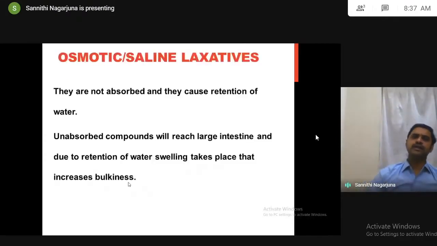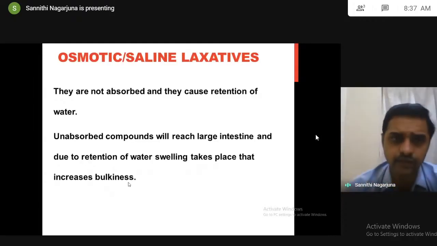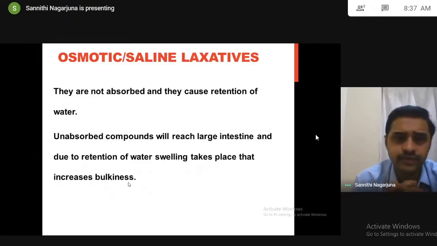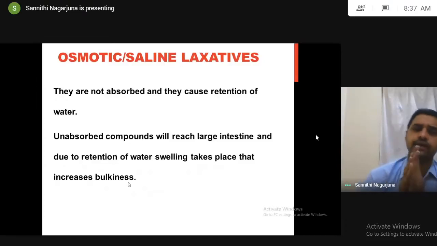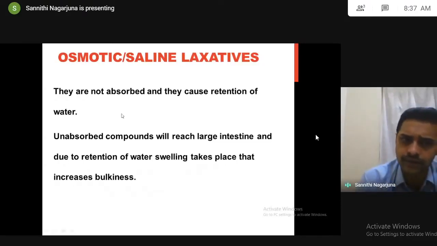So coming to the osmotic laxatives, which are also called saline laxatives. Same thing: these agents are also not absorbed, and they have an osmosis mechanism, which means they have the property of water retention. They are not absorbed, and I told you in the beginning, all unabsorbed substances will reach the large intestine.